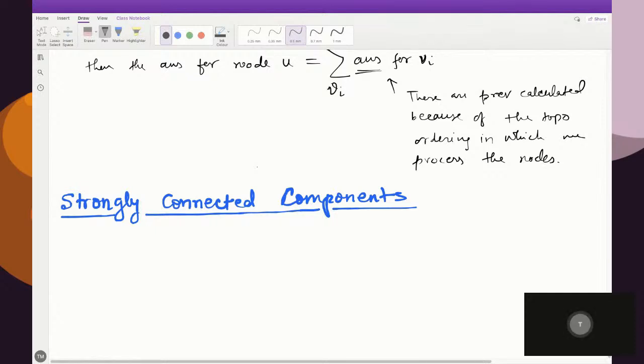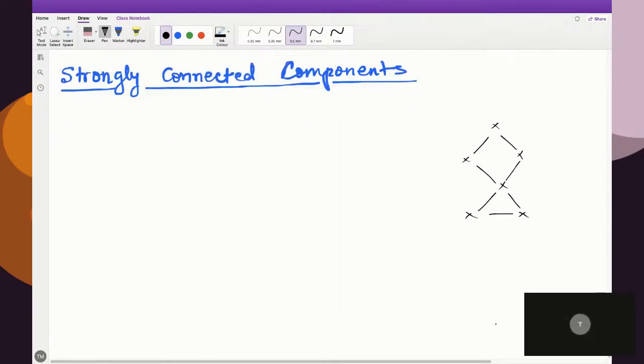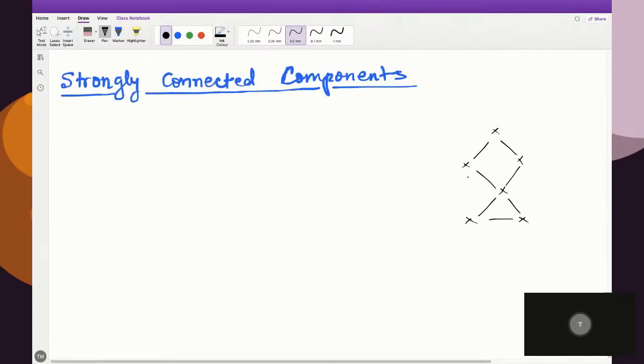Cool. So let us now define what a strongly connected component is. We have defined a connected component in a graph. In an undirected graph, a connected component is basically a set of nodes where each node is reachable from each of the others. If you draw the graph on pen and paper, one can clearly see that this is a connected component because each node is connected with each other.